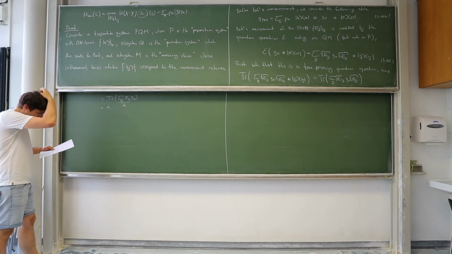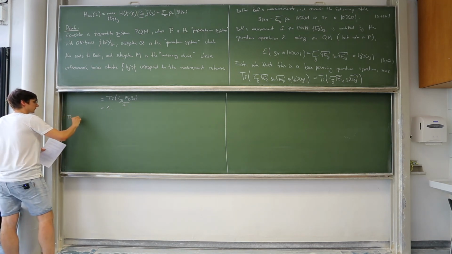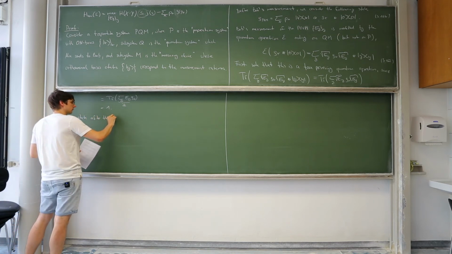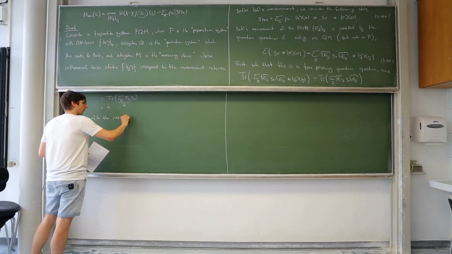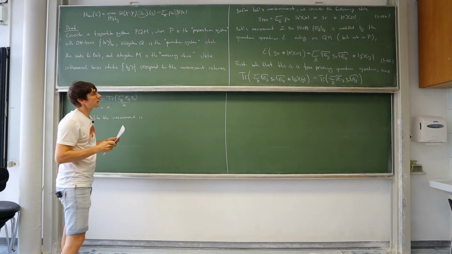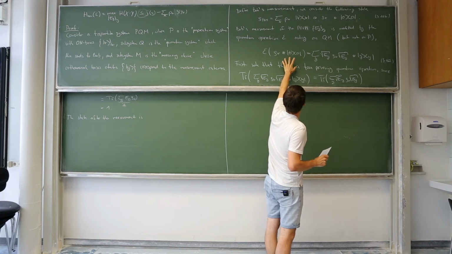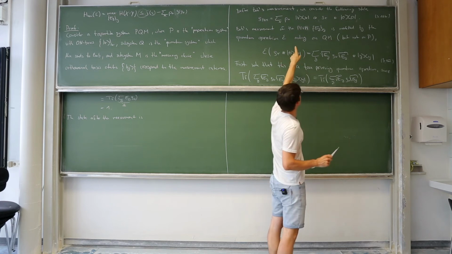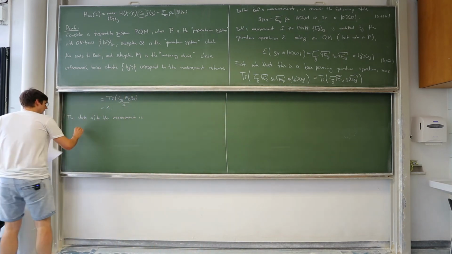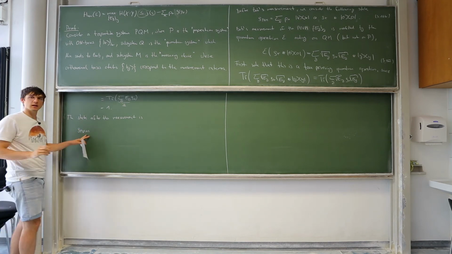Let us now state the state after the measurement. The state after the measurement we get if we act with this quantum operation on our initial state. Okay, so we then get the state that we call P prime, Q prime, and M prime, which is the state after the measurement.